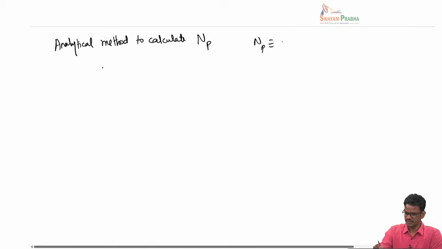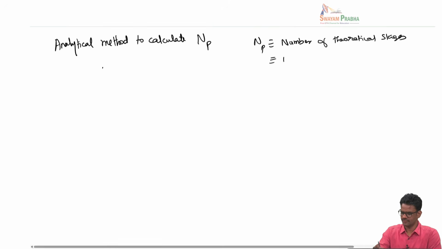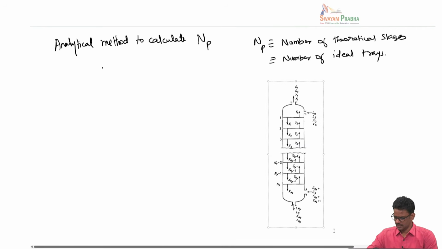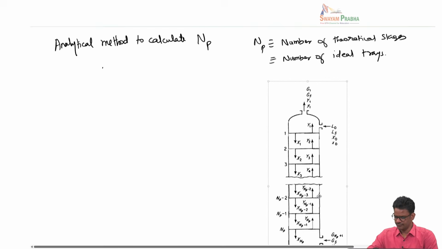So NP is the number of theoretical stages, or you could say number of ideal trays. So the same figure that I showed before.